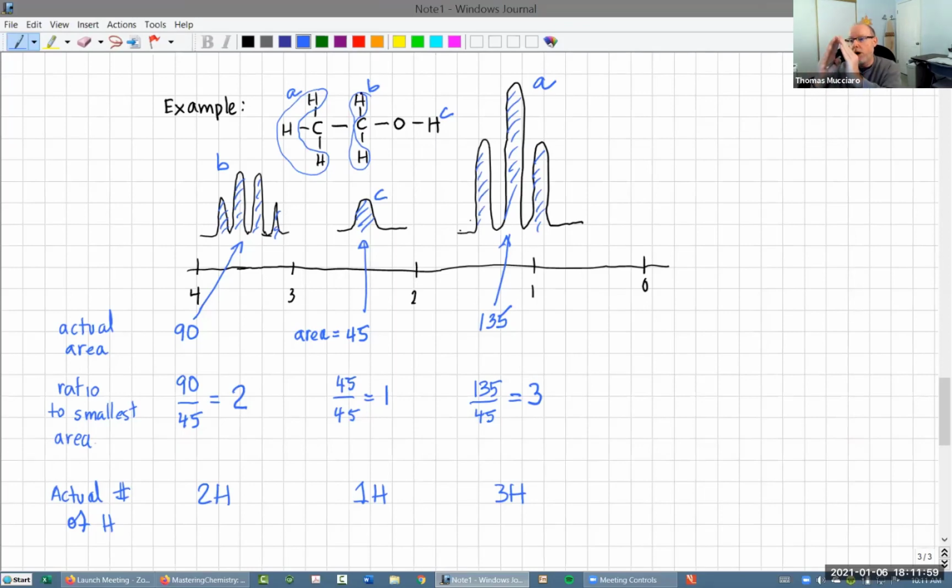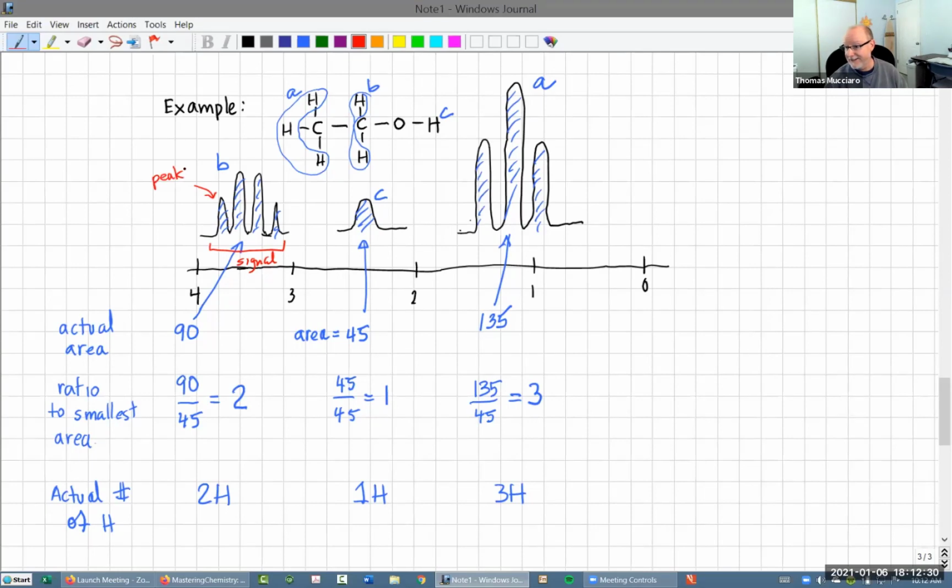So instead of being one peak, they split into multiple peaks. But they're all part of the same signal, just a signal that's chopped up into smaller chunks, okay? That's why I use the term signal, right? So this whole thing is a signal for hydrogen B, and then these are the actual peaks.